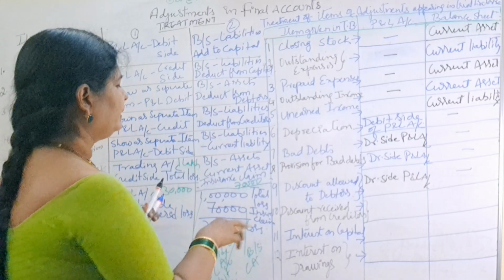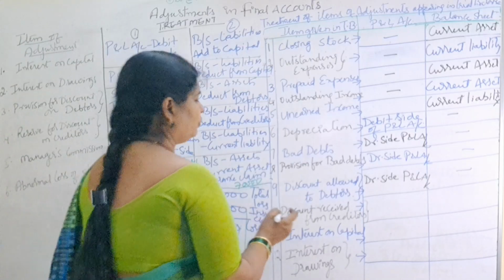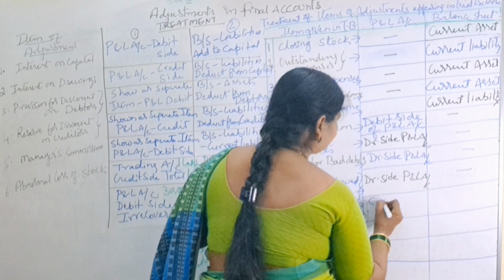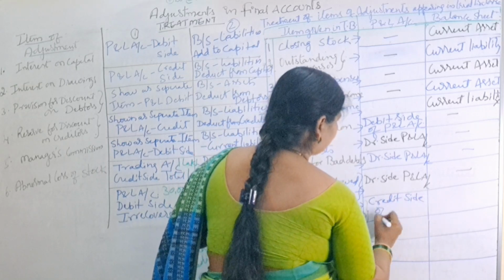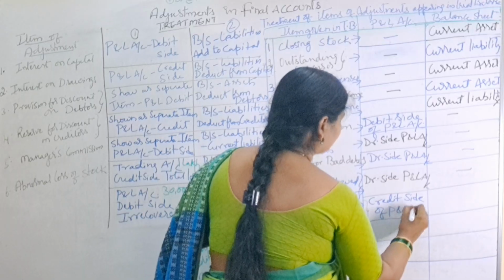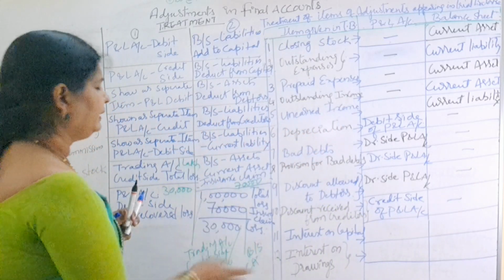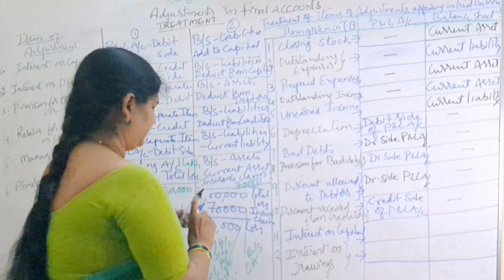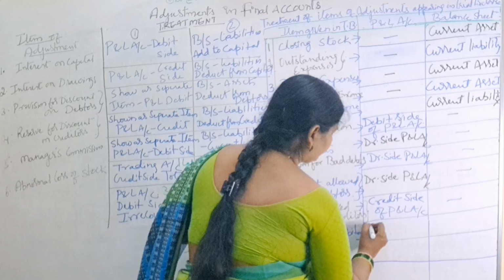Next, discount received from creditors. It is our income. So where you will show? Credit side of P&L account, will not get in balance sheet. Next, interest on capital. It is our expense. So we have to show under profit and loss account debit side.